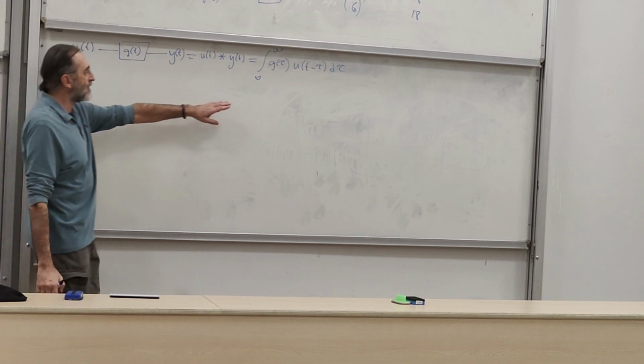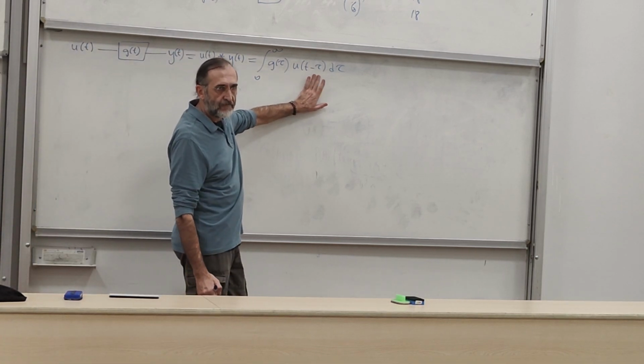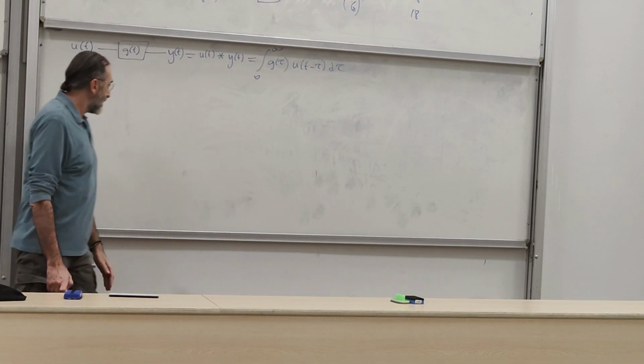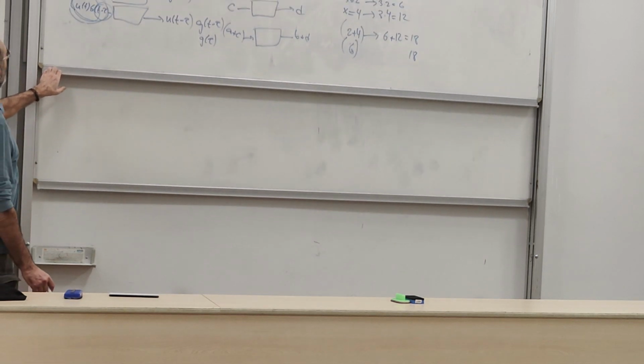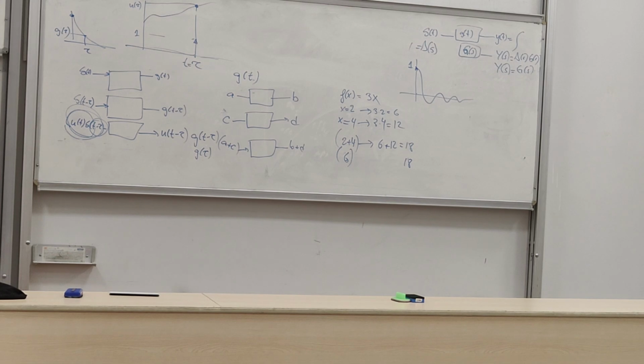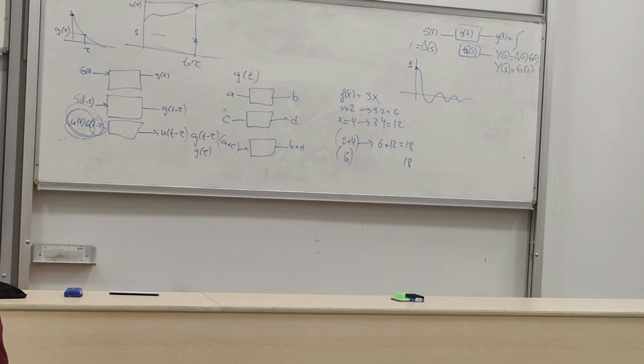You already understand. That's what it means. I am taking into account the effect of all these single inputs that make up the continuous input throughout the existence of the system. Make sense?